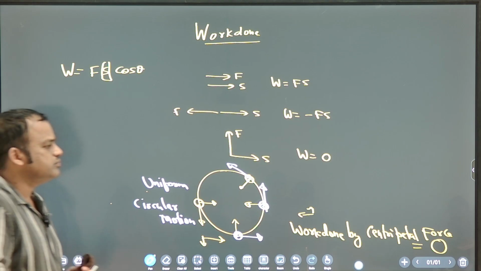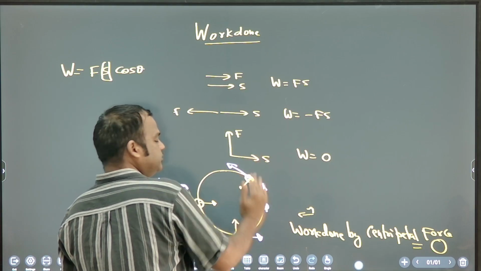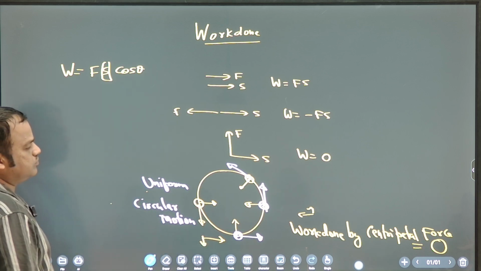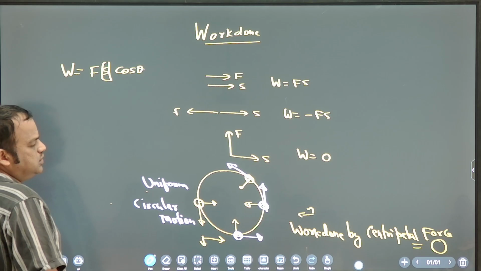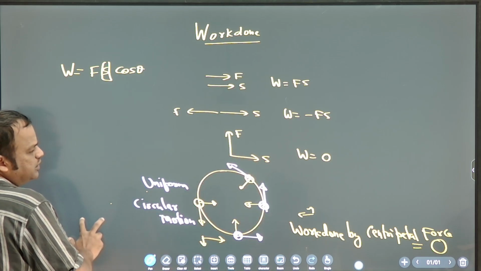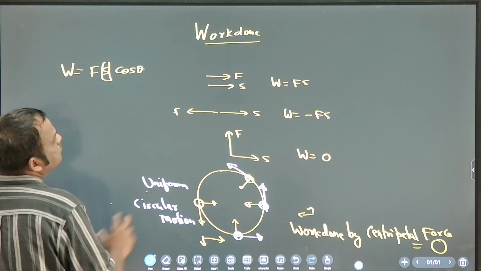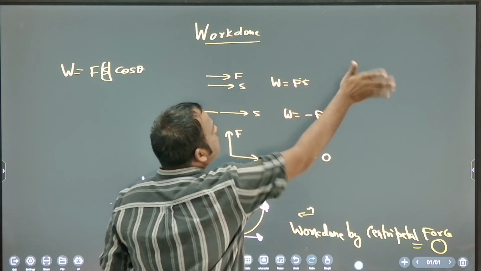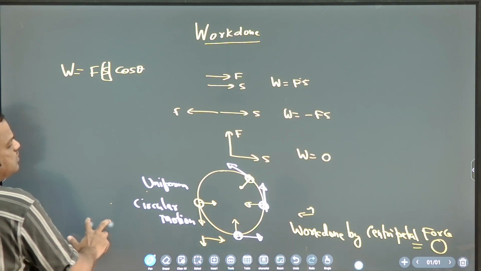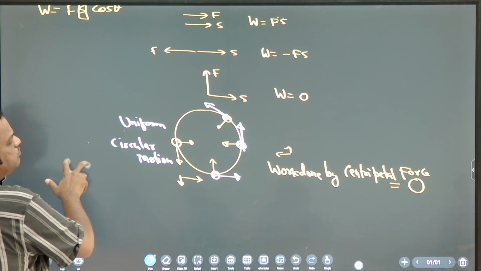Because centripetal force and velocity are perpendicular.